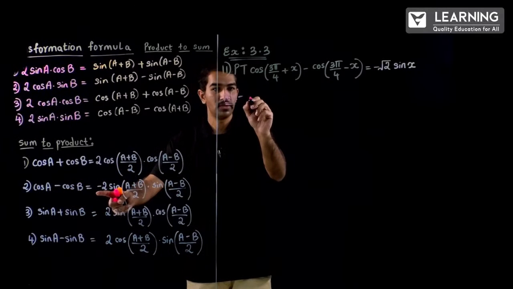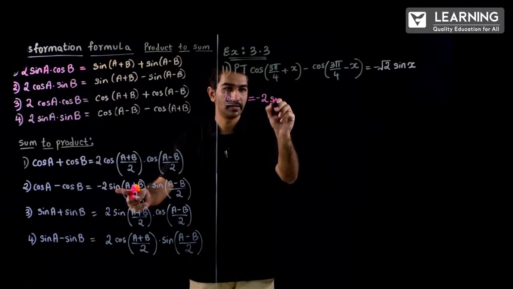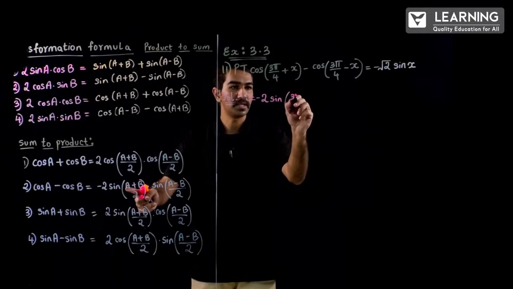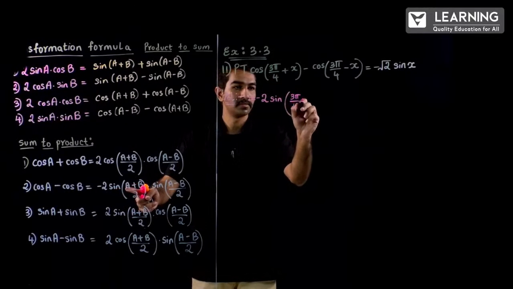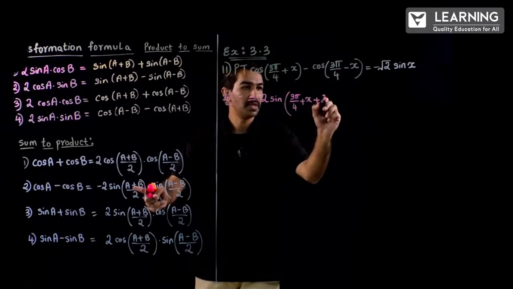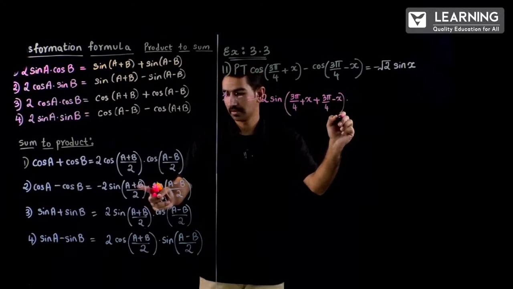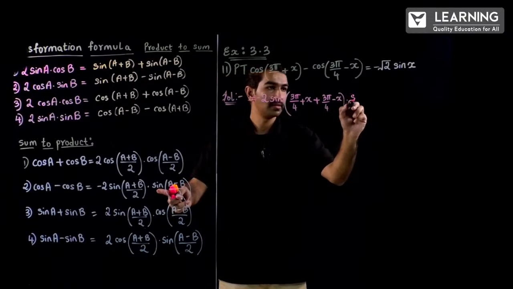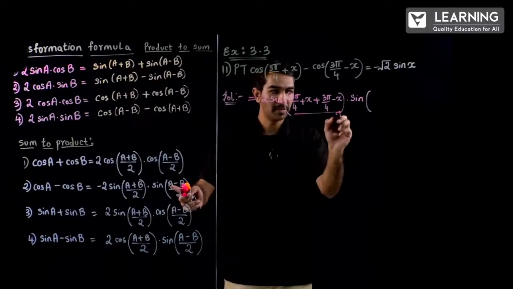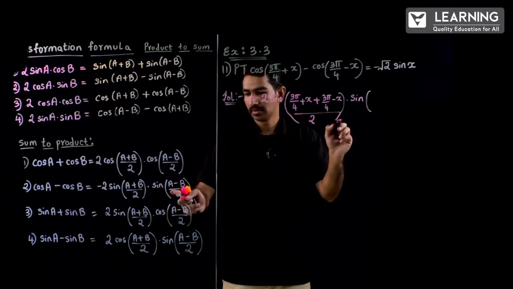So we'll write minus 2 sine, what is in the place of a, students? 3 pi by 4 plus x, plus, in the place of b we have 3 pi by 4 minus x, the whole divided by 2, dot sine again a minus b.